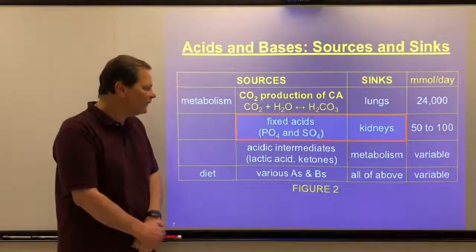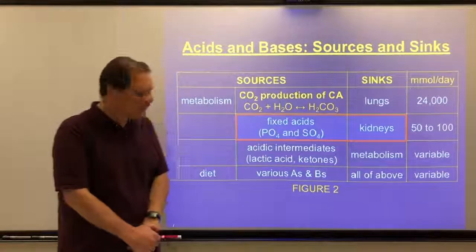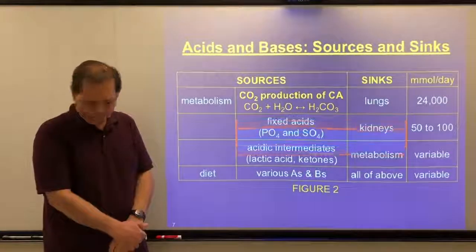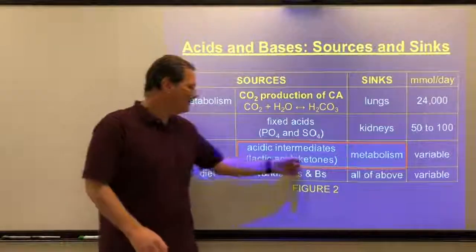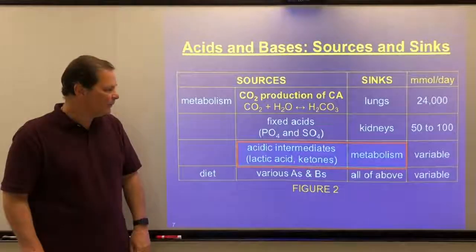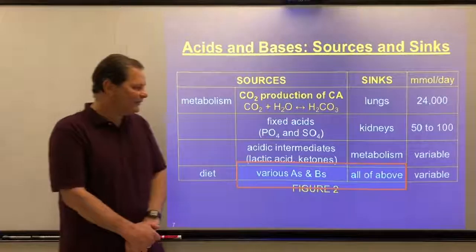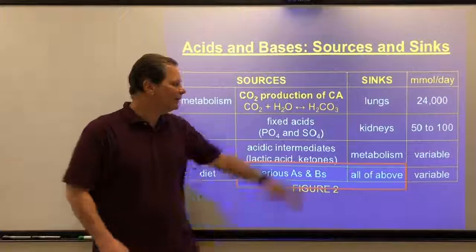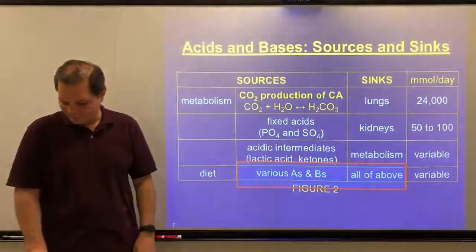We've covered that, of course. We particularly covered phosphate as a titratable buffer, so that is the way that those are typically disposed of. Acid intermediates like lactic acid and ketones, again, are disposed of typically through metabolism, and then we have various other acids and bases that you might take in through the diet. And those are distributed through all these mechanisms, okay? They're disposed of through all these mechanisms, so those are your sinks.